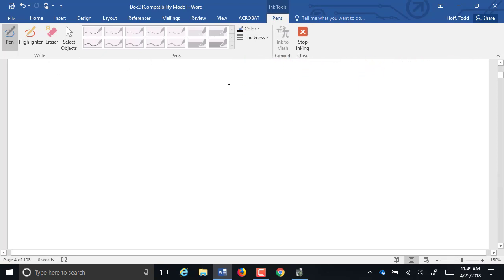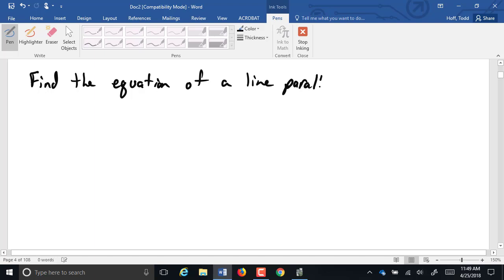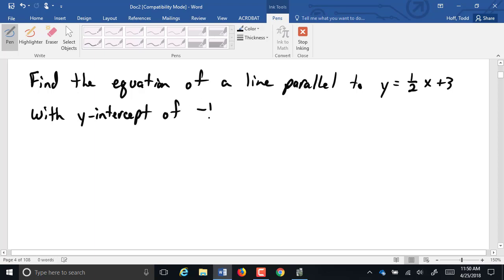So we might ask, find the equation of a line parallel to y equals 1/2 x plus 3 with y-intercept of -1.